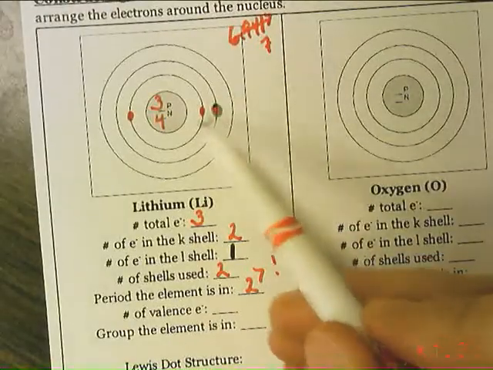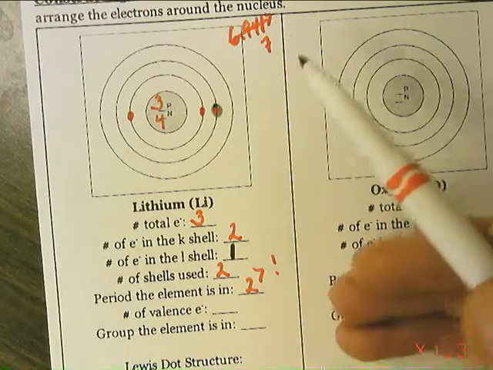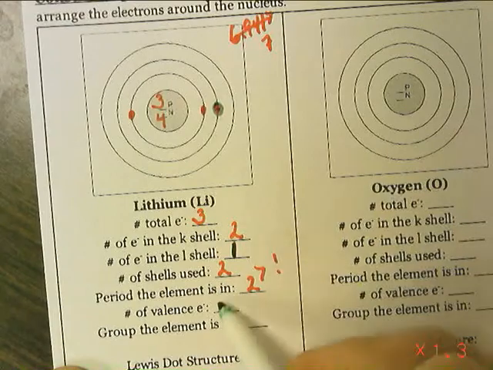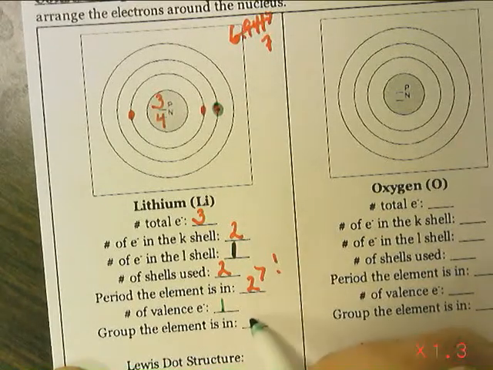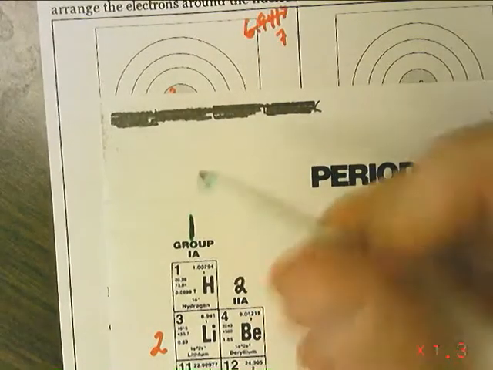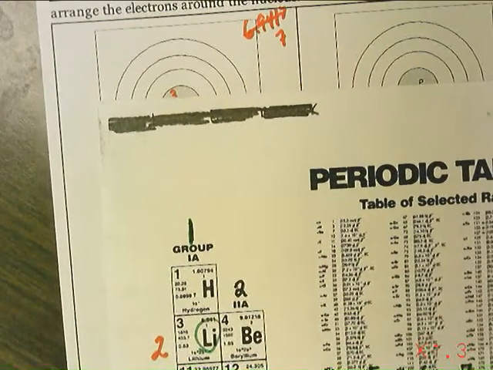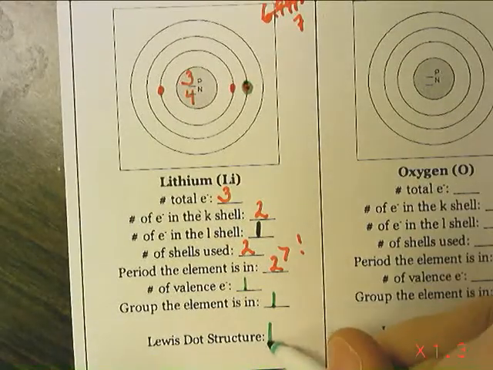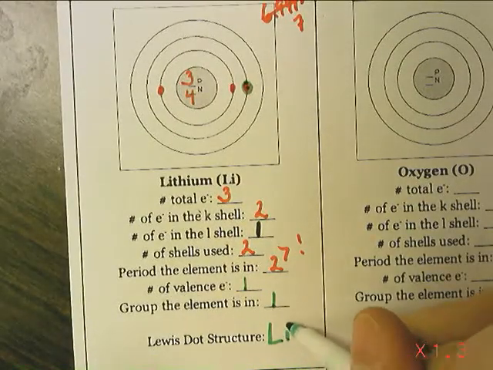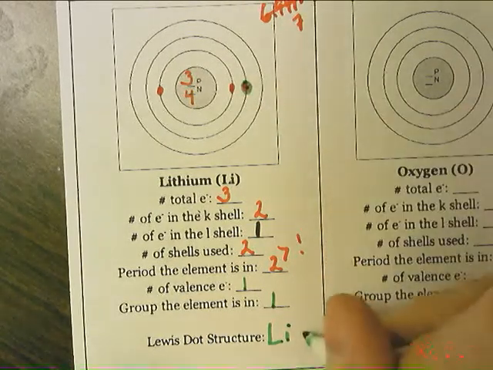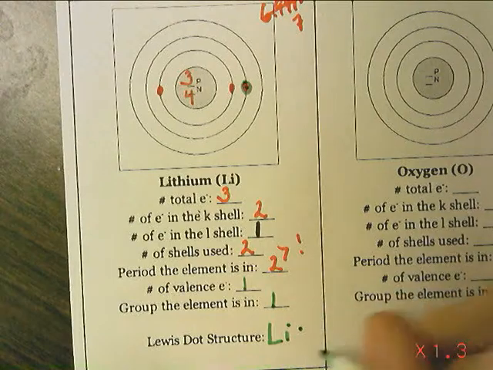Period 2, 2 electron rings. How many valence electrons? Well, it has 1. 1 valence electron. What group is it in? Group 1. What do you know? Group 1. The Lewis dot structure. You put the symbol, and then you just put a dot for the valence electron. There it is.